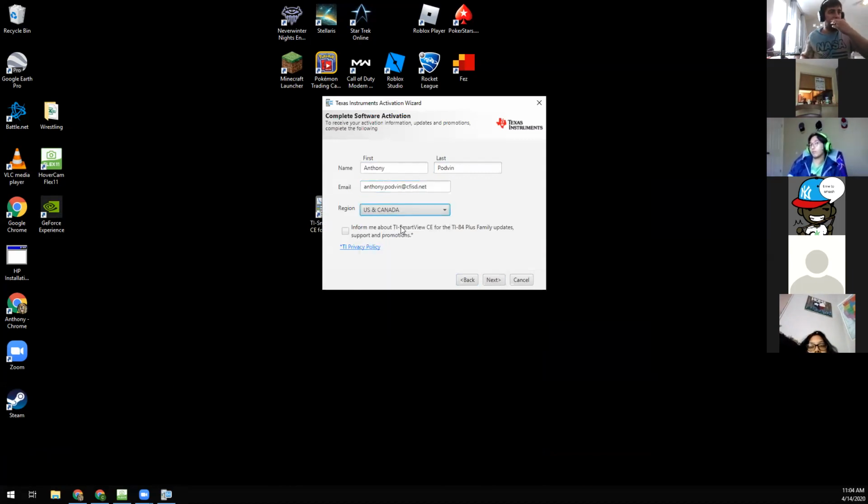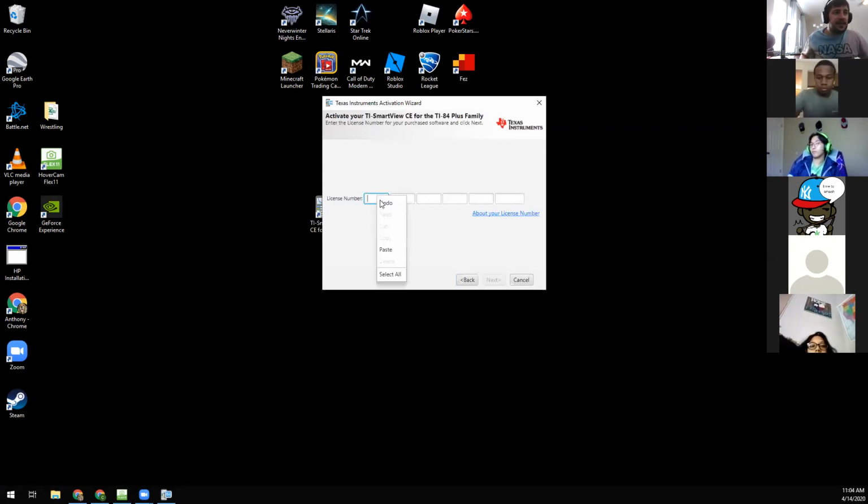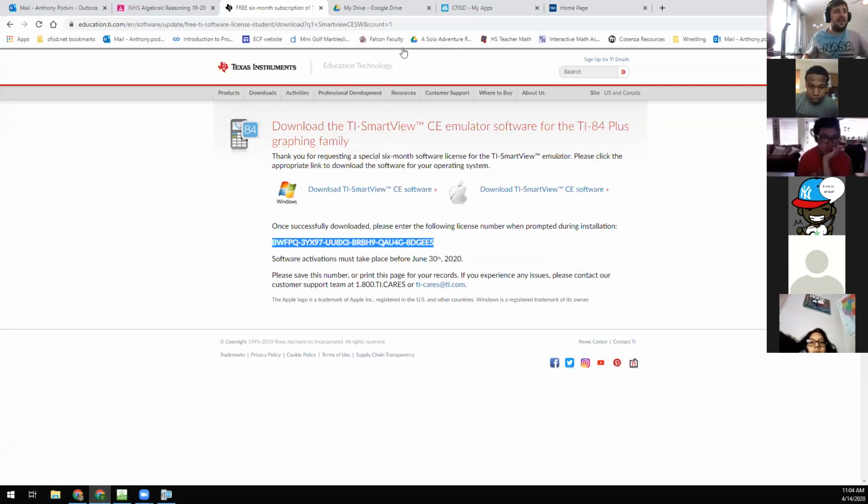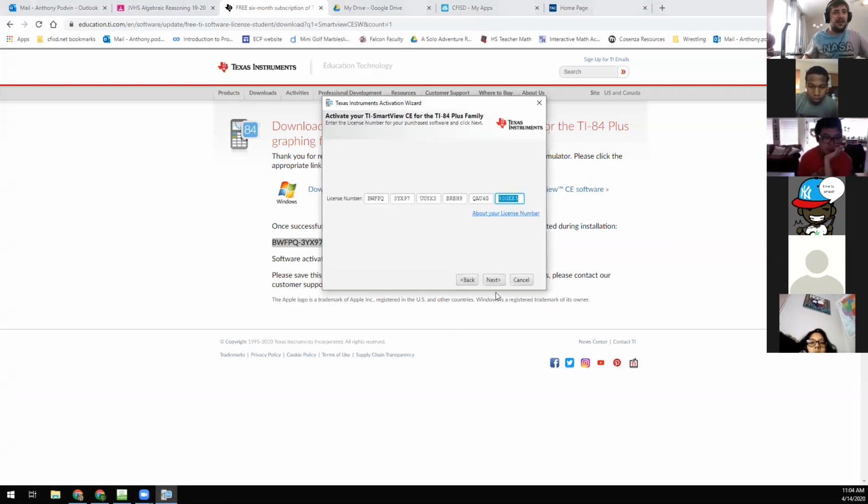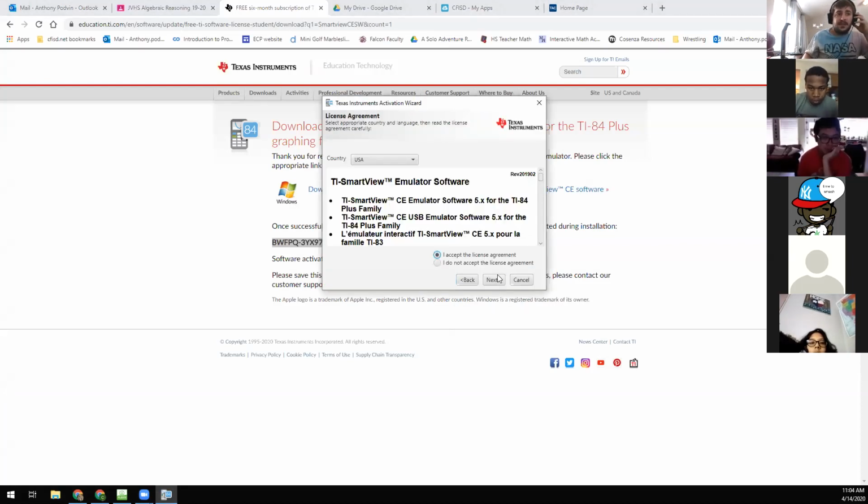My region is US. Alabama. And then here's my license key. Paste. Boom. Remember, they gave me a license key when I hit that. I copied and pasted that over. Accept. Oh my gosh, this takes so much longer than I thought.